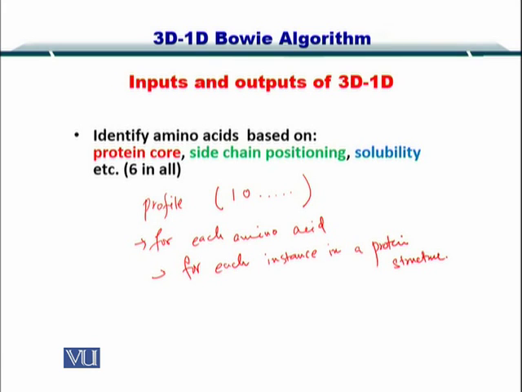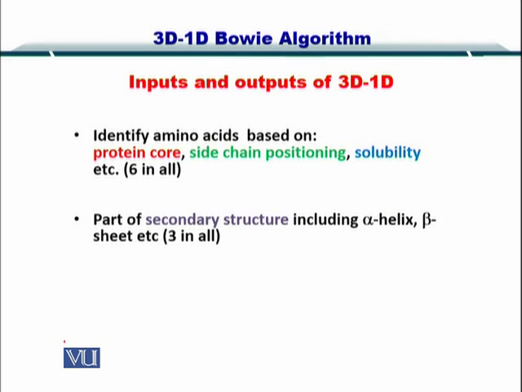Now, if you are able to do that, then you will have multiple profiles for each amino acid. Okay, next, you also count which amino acid occurs in which secondary structure.